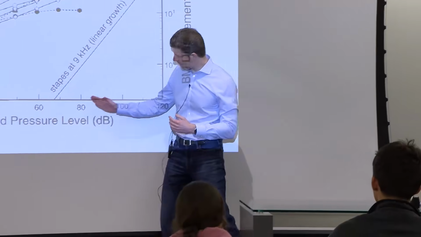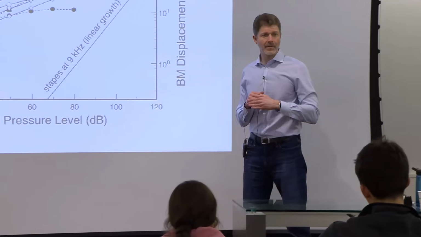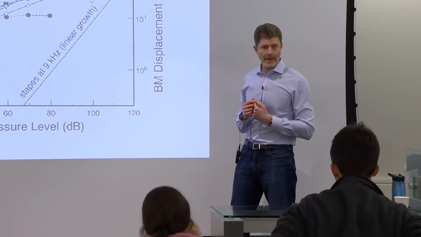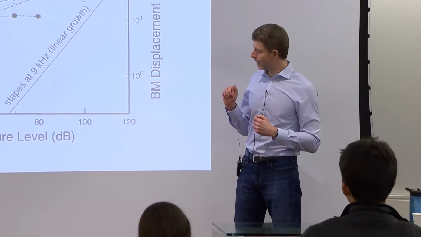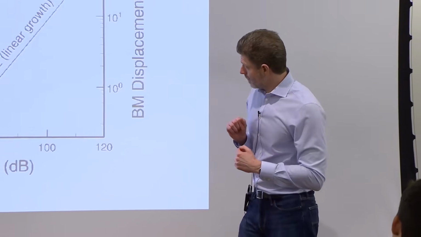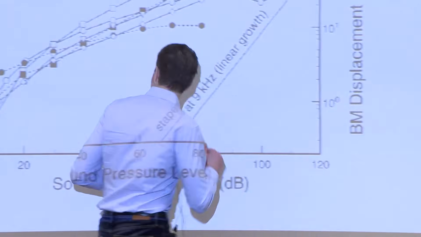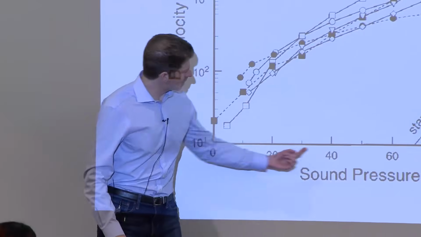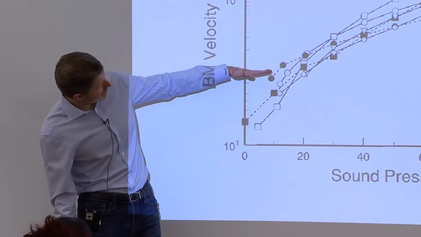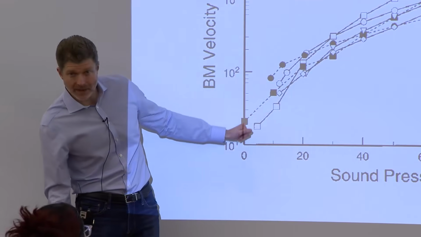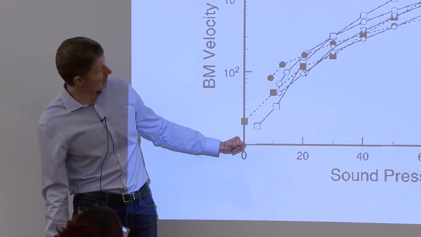If you increase the sound intensity by a certain amount, the motion of the stapes increases by the same amount. Now what happens on the basilar membrane is something that's very different. Instead, you increase the sound pressure by a certain amount, and the difference in the motion of the basilar membrane is substantially smaller. So it's a compressive response.